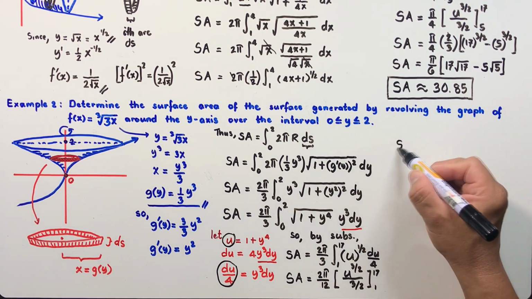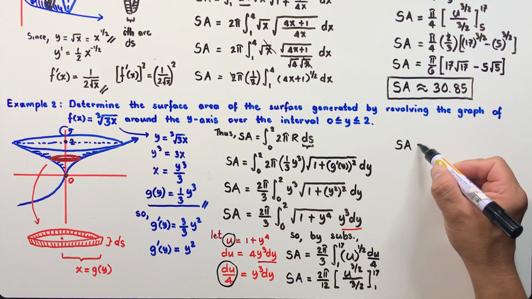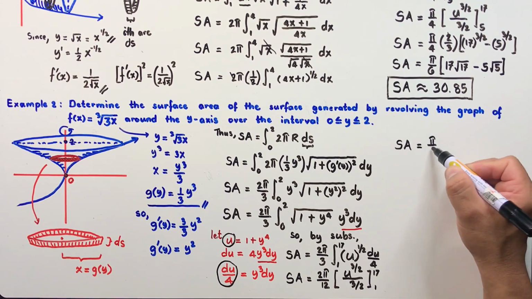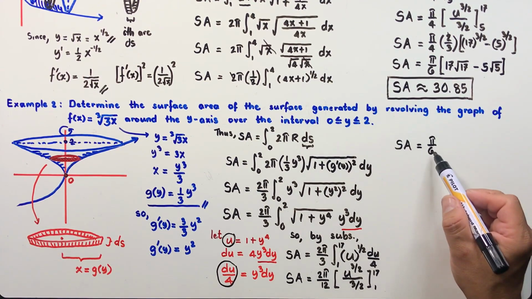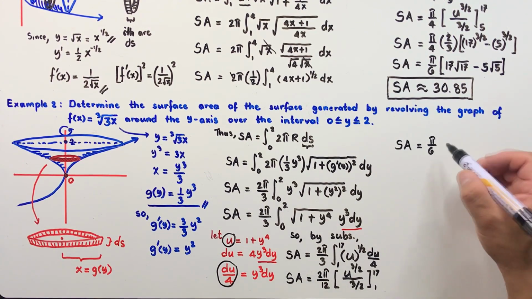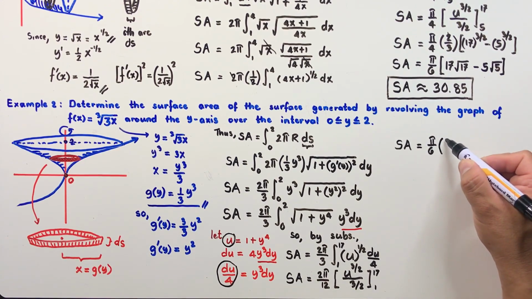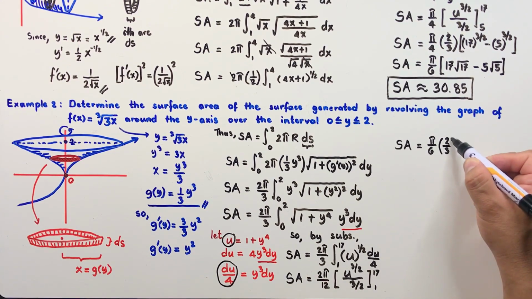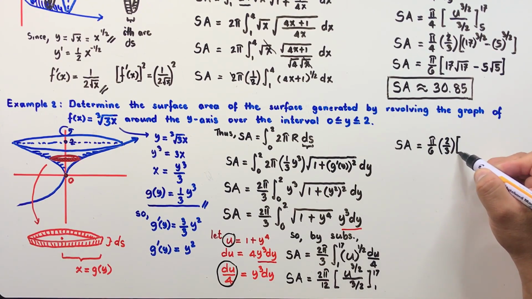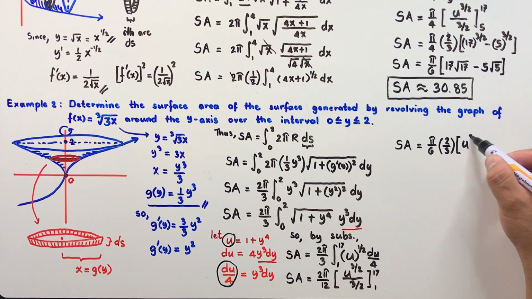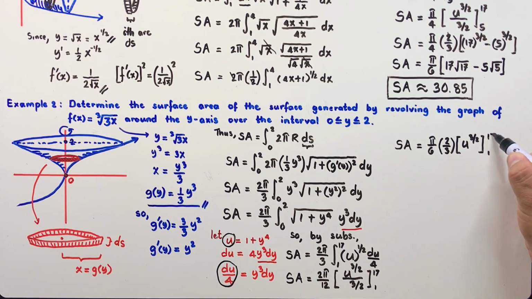So our whole surface area is equal to pi over 6, because if you reduce this 2 over 12, we've got 1/6 here. And then this will be multiplied by 2 over 3, which is the reciprocal of 3/2 here. And this is multiplied by u to the power 3/2, which will be evaluated from 1 to 17.